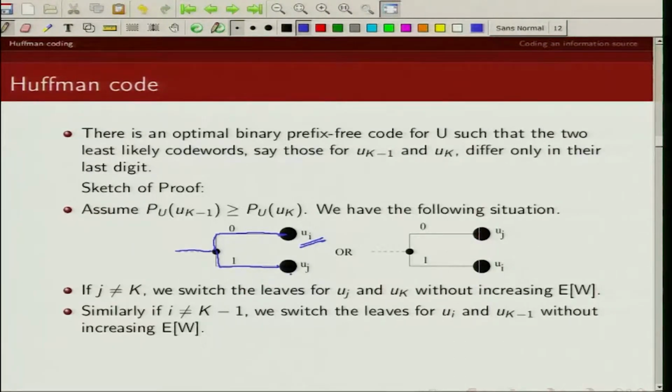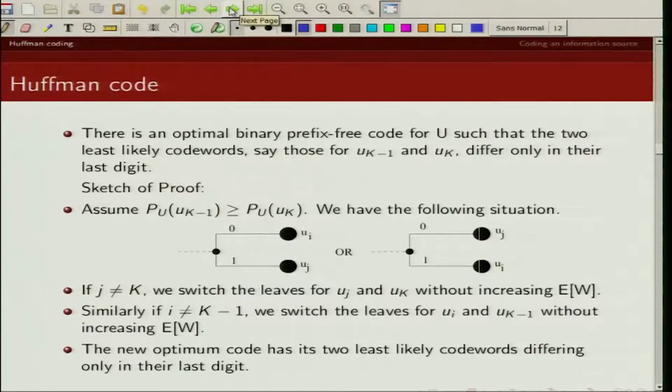So two least likely code words will then differ only in their last digit. So what we have shown is the new optimum code, which has the minimum expected value of W, will have two least likely code words, and they will only differ in the last digit. That is because from root to this node the bits are all same, they are only differing in the last digit.